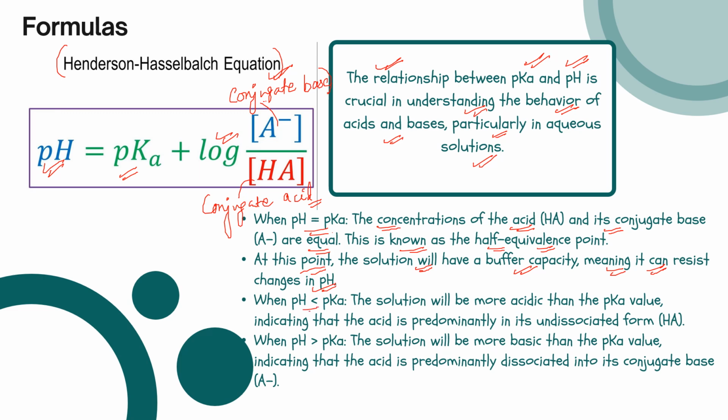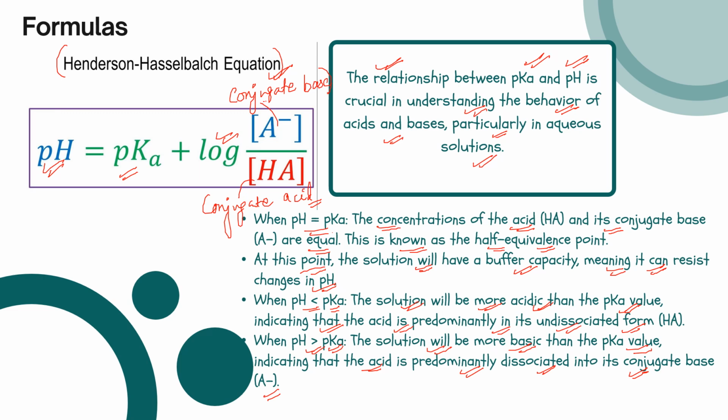And whenever pH is less than pKa, the solution will be more acidic than the pKa value, indicating that acid is predominantly in its undissociated form. And whenever pH is greater than the pKa value, the solution will be more basic than the pKa value, indicating that acid is predominantly dissociated into its conjugate base.